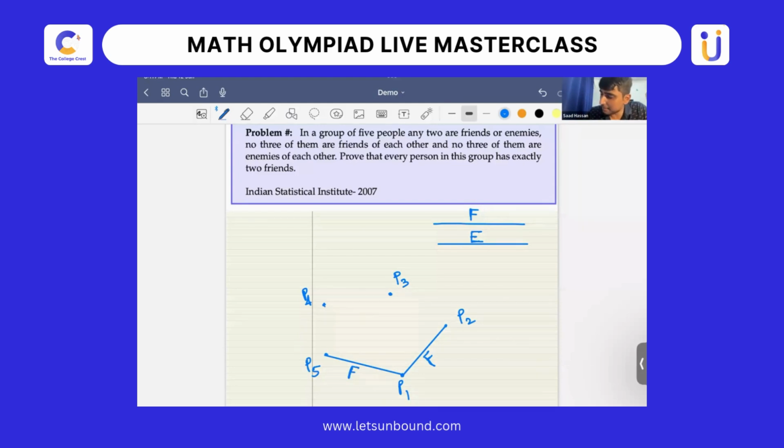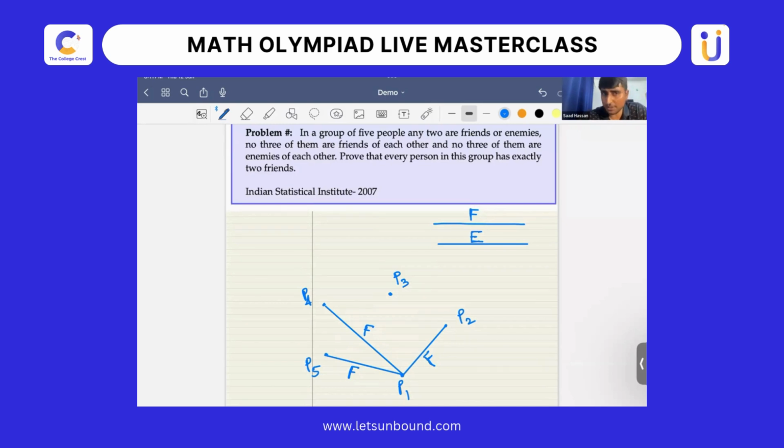And suppose that P1 and P4 are friends. So suppose we were to say that, no, P1 doesn't have two friends, P1 has in fact three friends. So what would happen then, right?